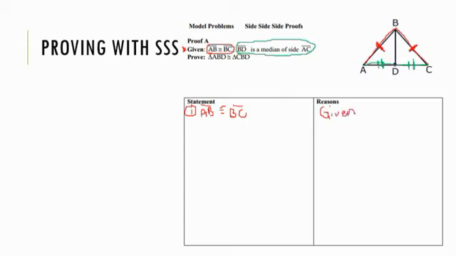So I'm going to go to number 2, and I'm going to say BD is a median of AC. Why can I say that? Well, again, it is given to me. All right, and then I'm going to go to number 3.